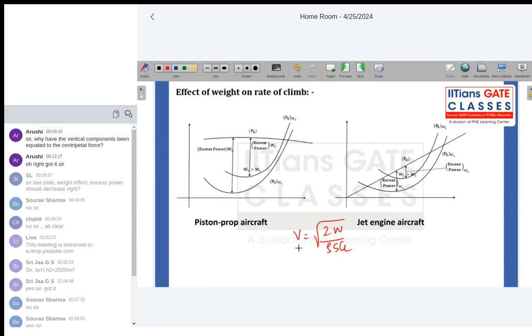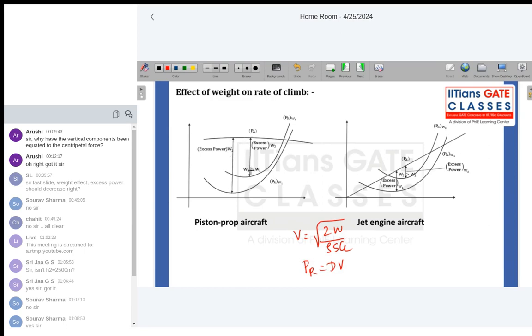When weight is increased, velocity also should increase. Power required is nothing but drag into velocity. That means when lift increases, drag also increases. Since velocity increases, power required increases. So both the quantities increase, thereby power required also increases. So this is the excess power at less weight.